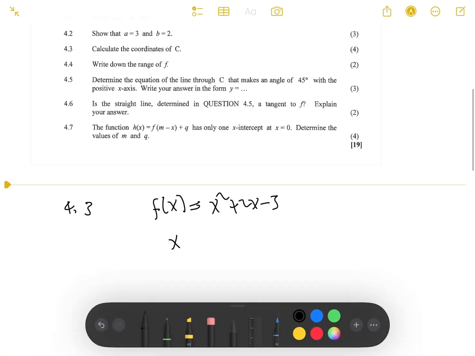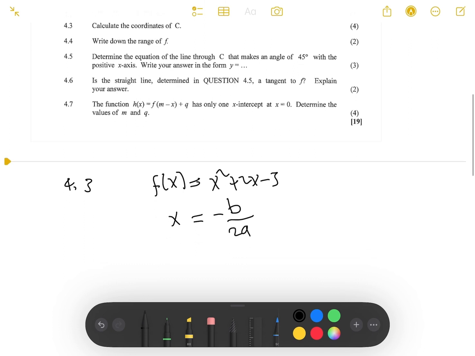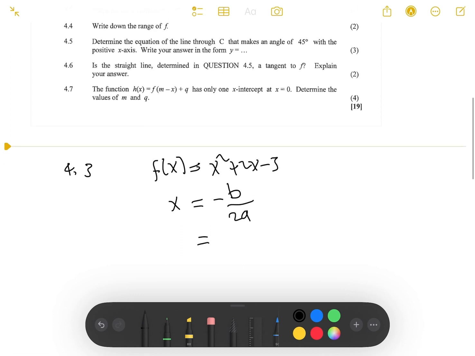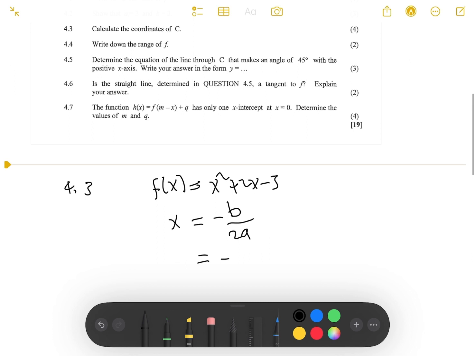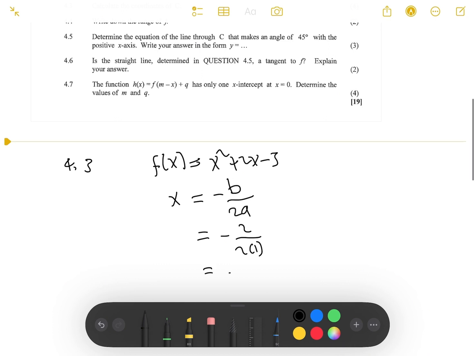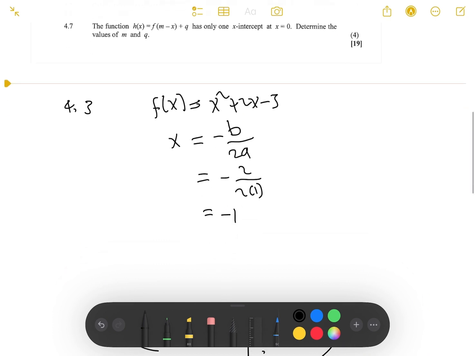At the turning point, the x value is equal to negative b over 2a, right? Negative, what is b? b is 2, over 2, and a is 1. Therefore, the value there is negative 1, right?